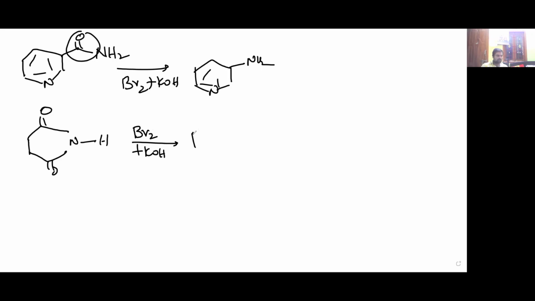You are going to get this one. Okay, this is NH2. Here C double bond O is missed, no? So this is directly connected to NH2. So let me explain the mechanism of this conversion.